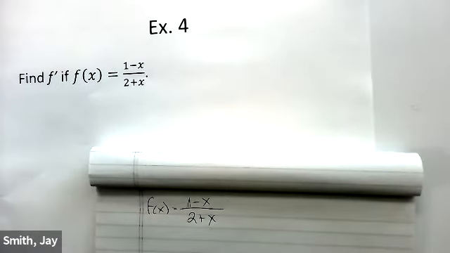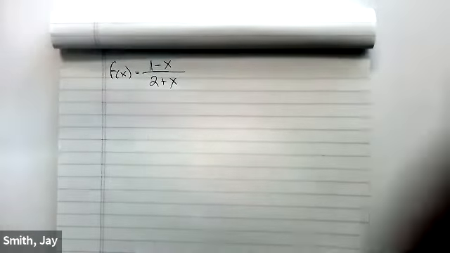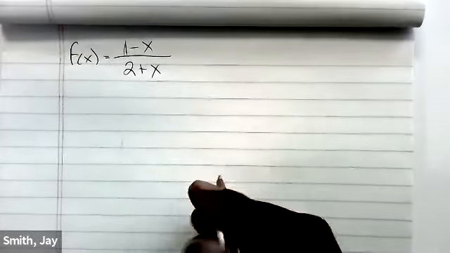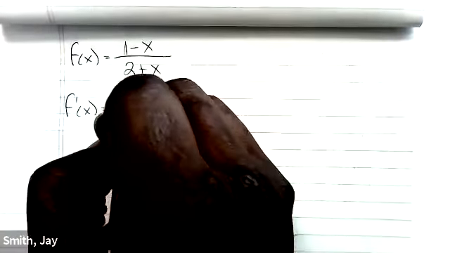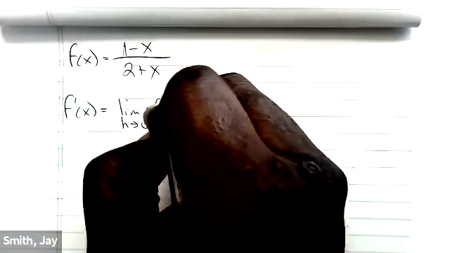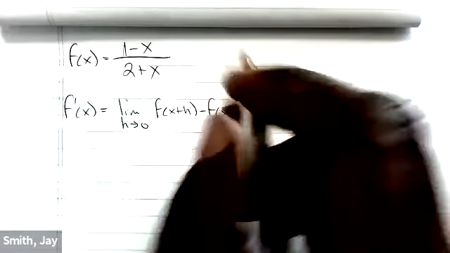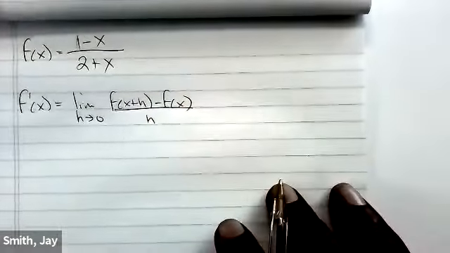All right, so given our f of x, which is 1 minus x over 2 plus x, we use our formula to find f prime of x. So this is the limit as h approaches 0 of f of x plus h minus f of x, all over h.